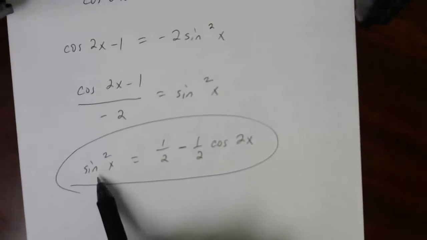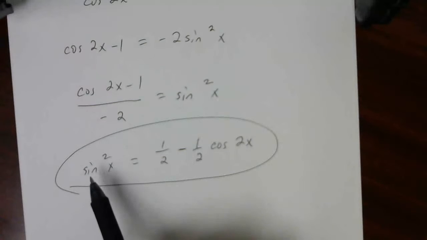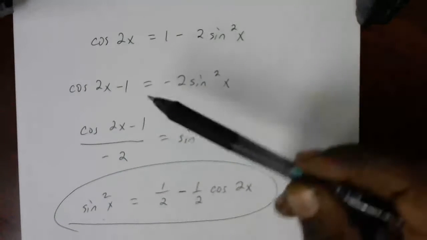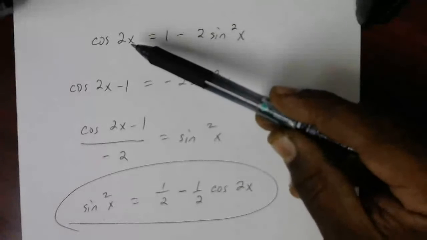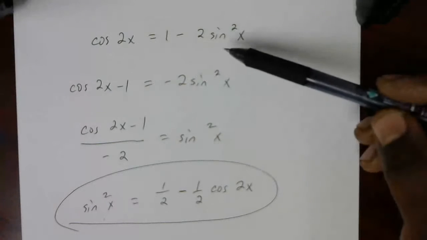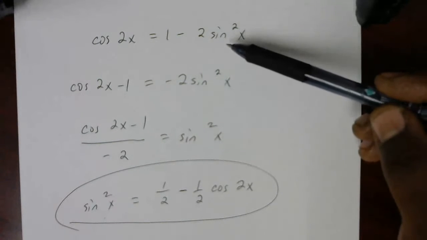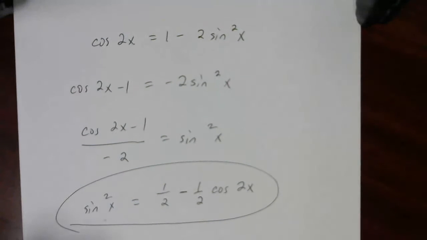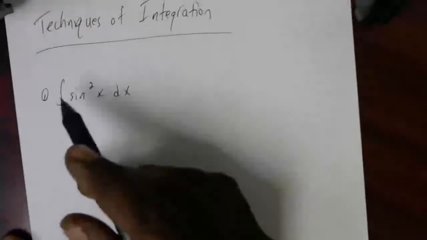And this is how I'm going to substitute sine squared x. So notice I took the double angle for cosine and solved it for sine squared, and I'm going to substitute into this integral.